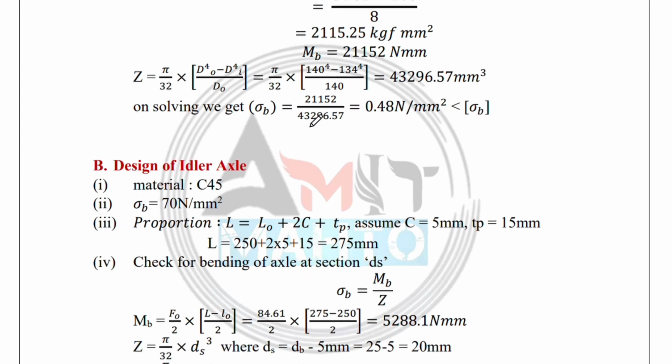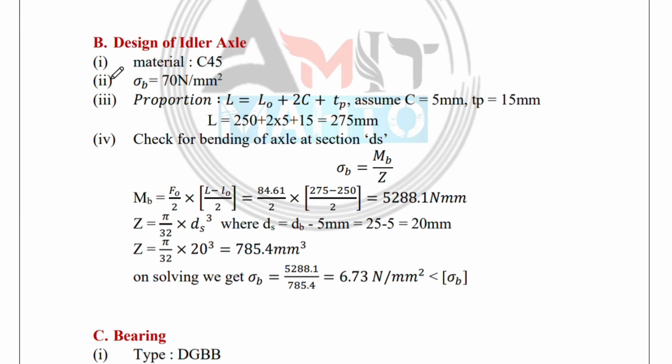So next, step number 2 will be design of idler axle. Material we will select C45. For that, bending stress will be 70 Newton per mm square. All this you will get from PSG data book 1.9. Next we will find the proportion: capital L is equal to Lo plus 2C plus Tp.